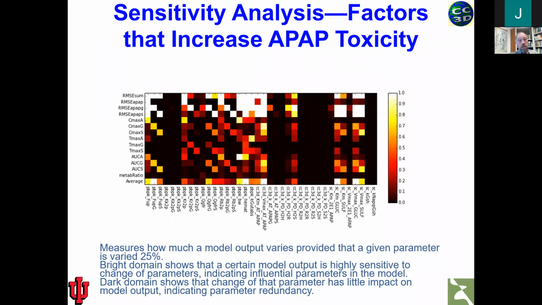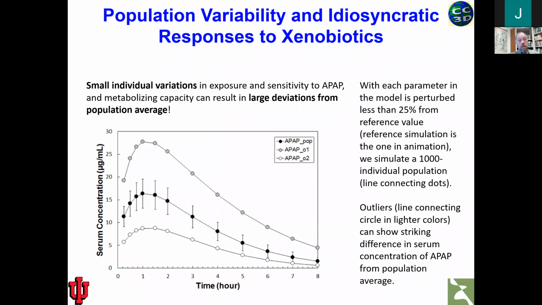Once you have a model of that kind, you can change the parameters in the model and ask, how does the damage change? That is a sensitivity analysis of the model in terms of the parameters. And you can then build a simulated population of individuals with different parameters representing different potential genetic markers for the liver, and ask the question, are there rare individuals who are either very resistant or very susceptible to APAP damage?